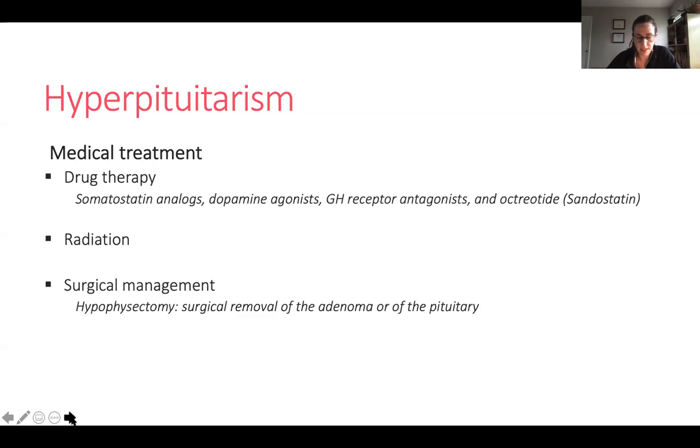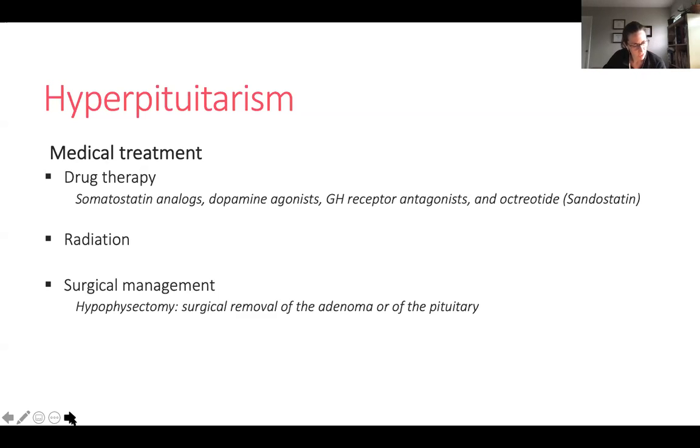How it works is that they give them 3 times a week in a sub-Q injection. So it suppresses the growth hormone to try to slow down that overgrowth that happens. But it can also suppress insulin secretion, so it needs to be closely monitored. Those people will have to have their blood sugars checked.